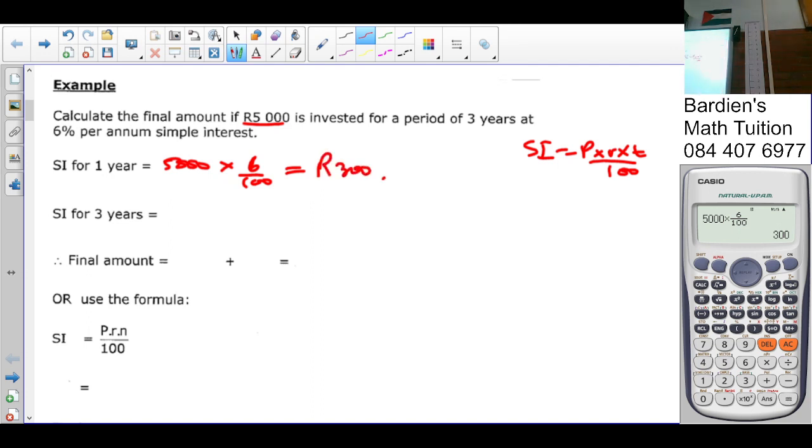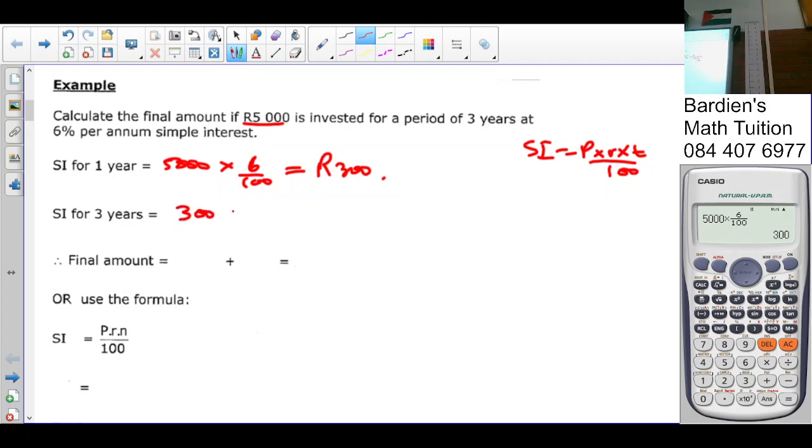Okay. So I'm doing this by first working out the simple interest for the year, and then for 3 years, and then working out the final amount. I'm not going straight into this formula yet, okay? So for 1 year, you're going to earn 300 rand interest per year. So how much simple interest would it be earning for 3 years?